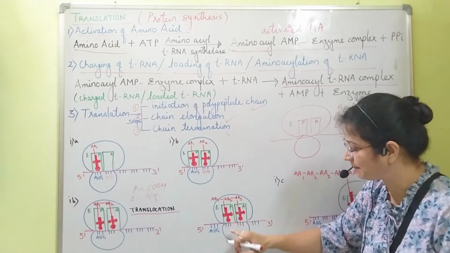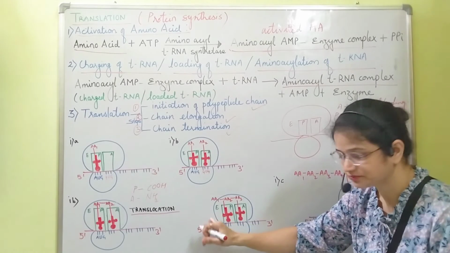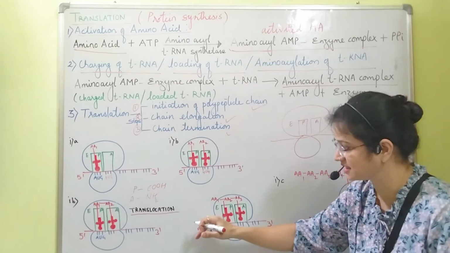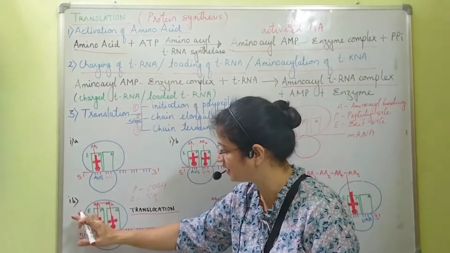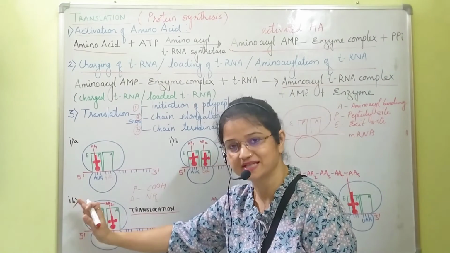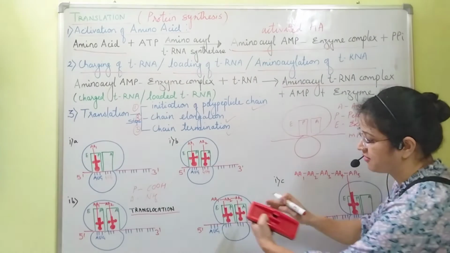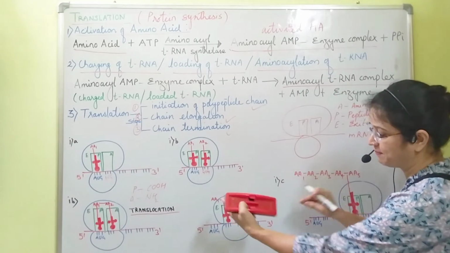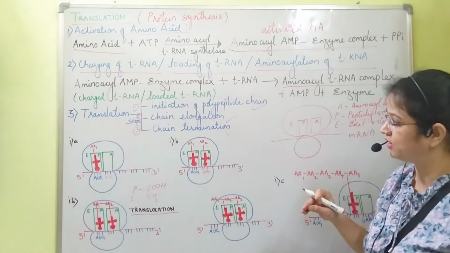And what will happen? The tRNA will now get released from the E site. It will exit. Now there is no need of the first tRNA. It will get removed from the E site, and the process will continue. You can see there is elongation of the polypeptide.